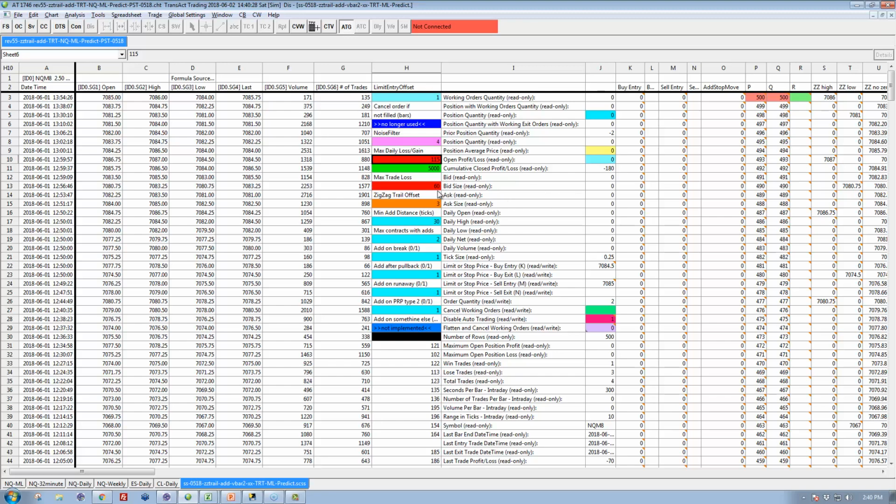Now we have this piece here, max trade loss, where the system is looking at the open P&L on your trade. And if it's greater than or equal to that number, it'll cancel the trade. It'll flatten you. So this is an extra layer of protection between you and the daily risk limit you have at your broker. In this case, 60 means $60.